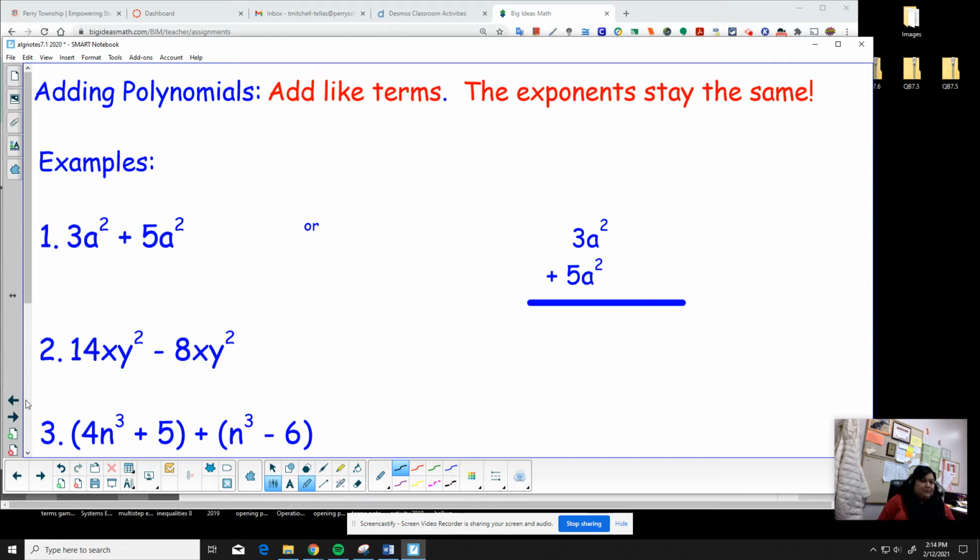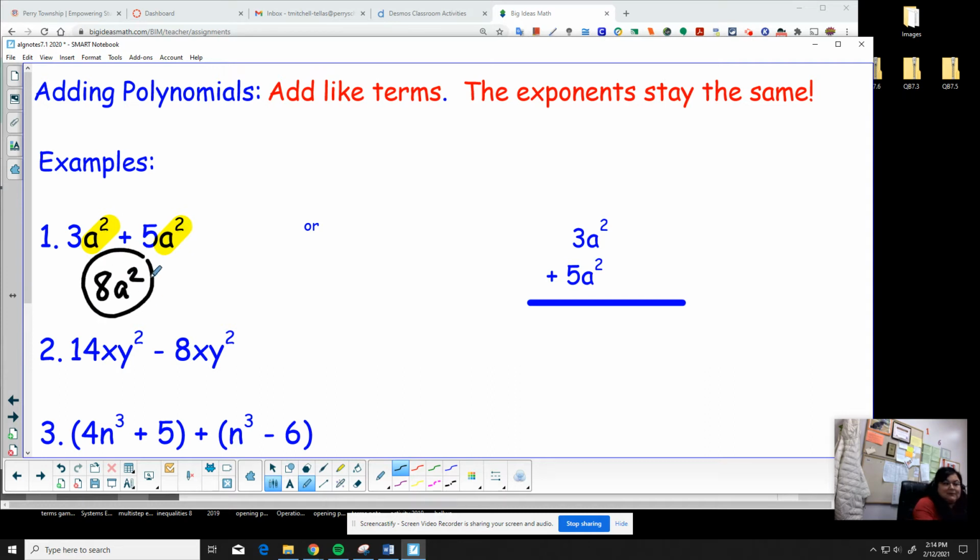Okay, so adding polynomials. When we add polynomials, we add like terms, and the exponent stays the same. So really all we're adding are the coefficients, or the numbers in front of the variables. They have to be exactly the same letter with the same exponent to add them. So 3 plus 5 is 8, and a to the second stays the same.